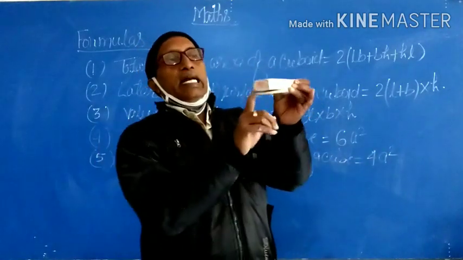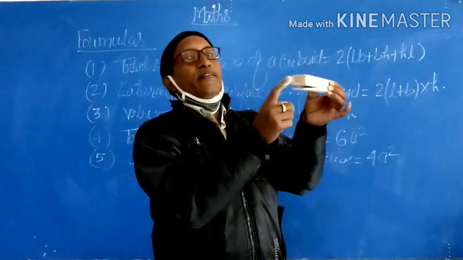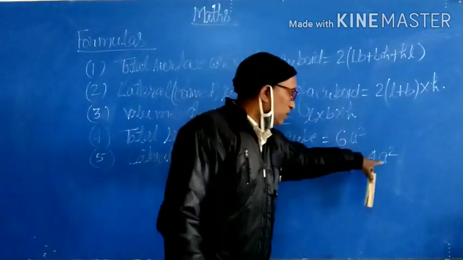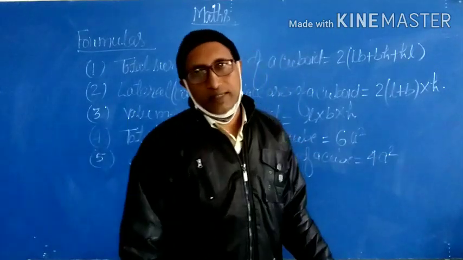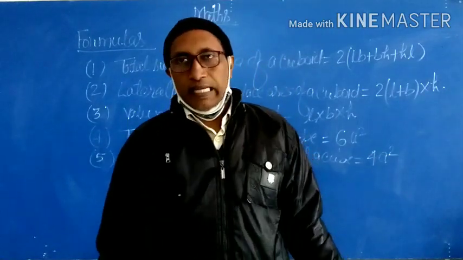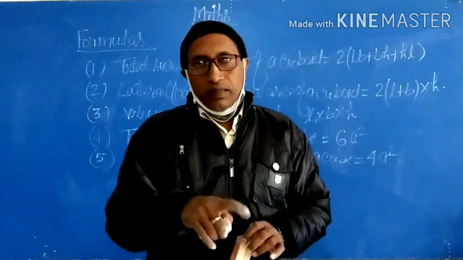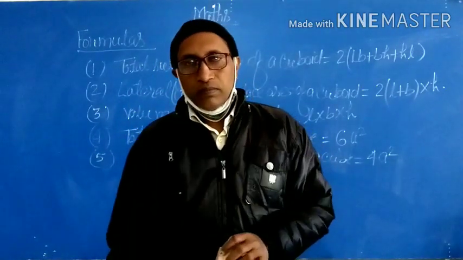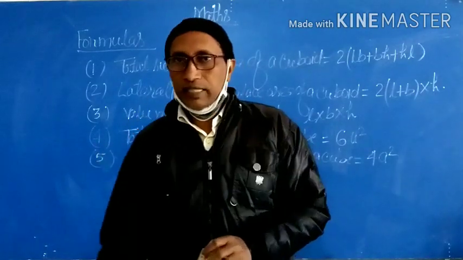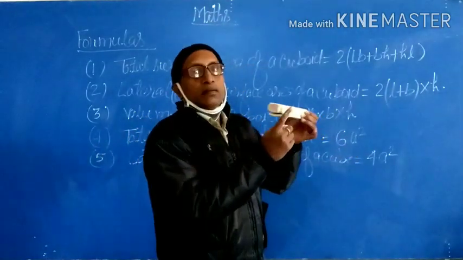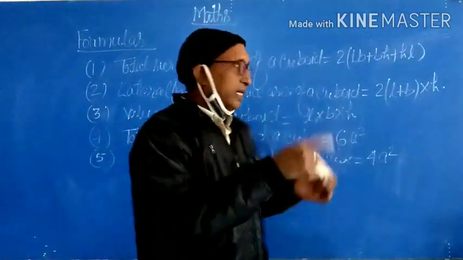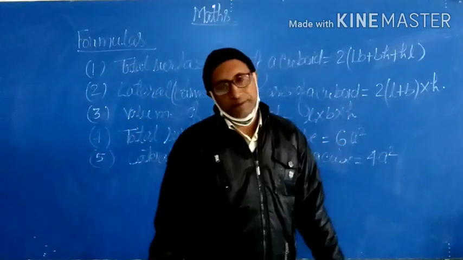This means in the lateral faces there are 4 faces, then their area is 4 into a square, 4a square. The area of each face of a square shaped cube is a square. Therefore, in the lateral side, the curved side, there are 4 faces. That area is 4a square.